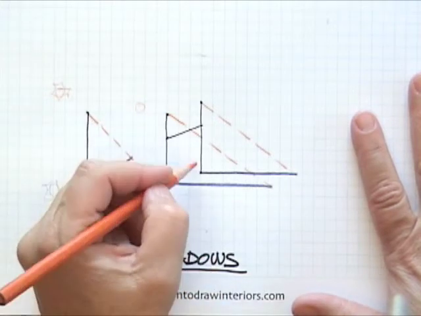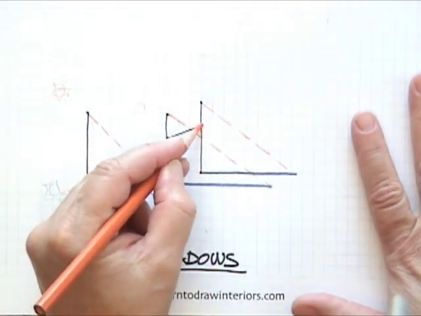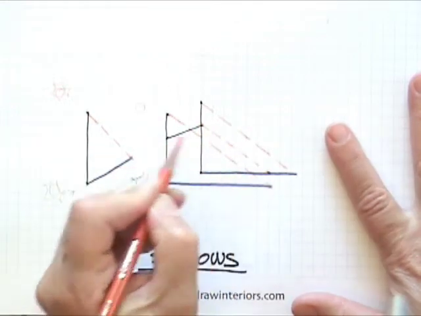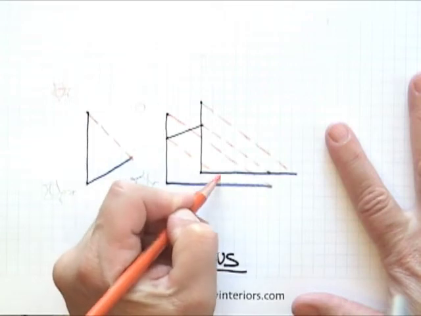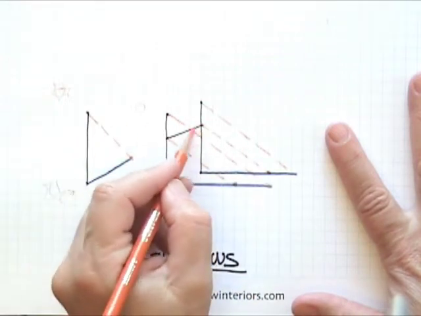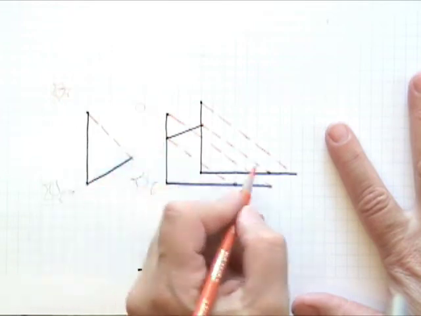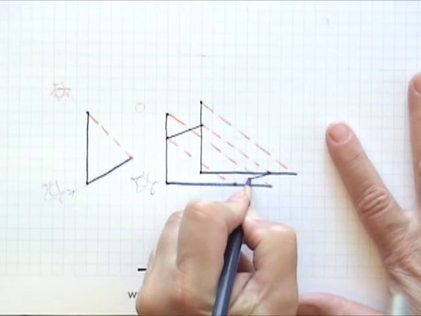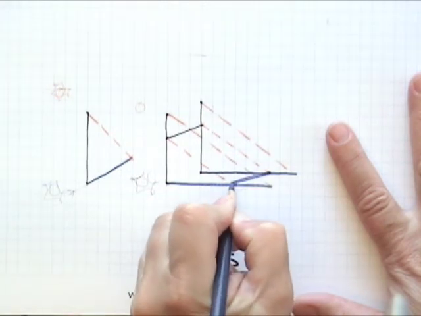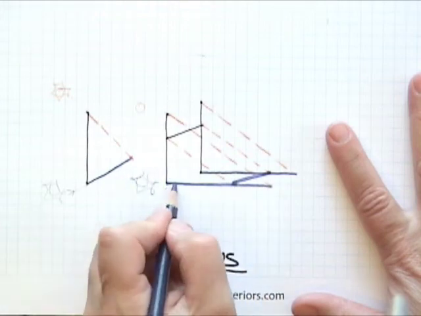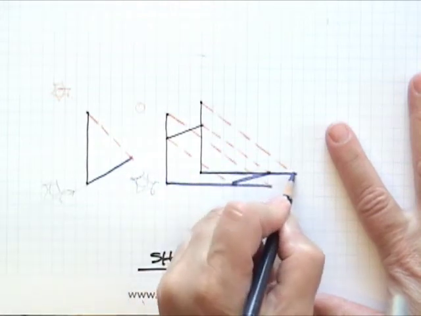All I have to do is pull a sun's ray from that horizontal right there, and right here, and I connect the dots. There's a horizontal connecting those two dots, so all I have to do is connect the dots. You can be a little more accurate than I am, but there's your shadow.